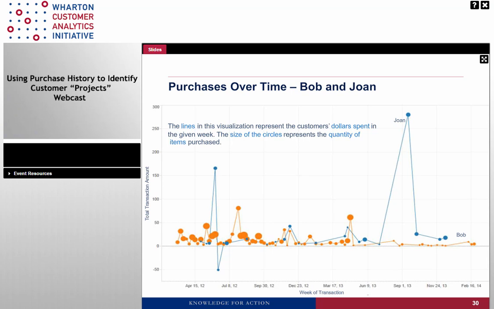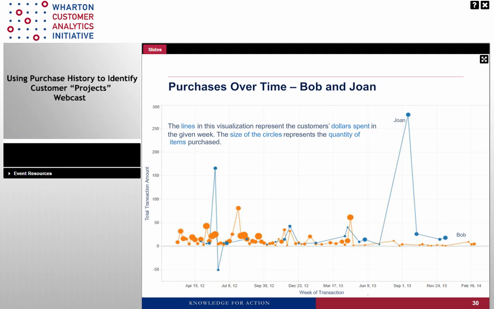As we look at Bob in orange, we'll see that he has bigger circles that tend to get smaller over time. Purchased a lot up front, and then over time he gets smaller and smaller. Whereas Joan seems to have a consistently medium number of products in every purchase that she makes.